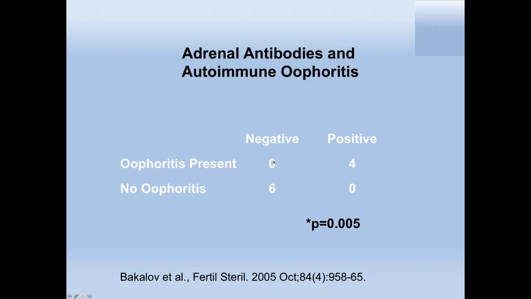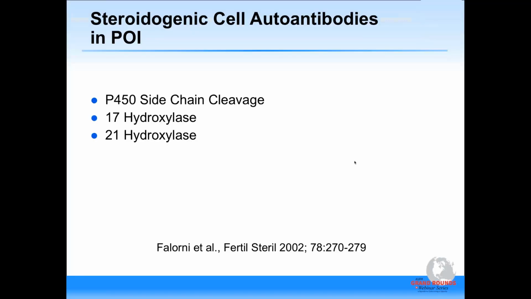When you do the statistics on this, the presence of the positive antibodies with the positive finding of oophoritis are all in this cell, and the chance of that happening statistically is low, so we can conclude that anti-adrenal antibodies are a good marker to detect autoimmune oophoritis, and we can dispense with the need to do ovarian biopsies. And our IRB agreed with that, so there's no need to do biopsies anymore to prove this diagnosis. All you need to do is to test for adrenal antibodies.